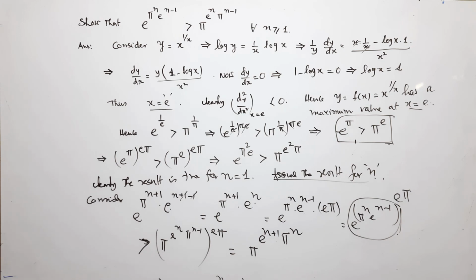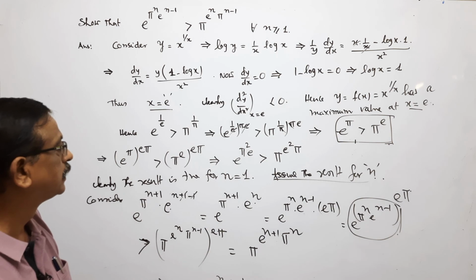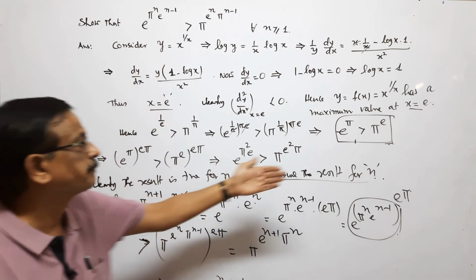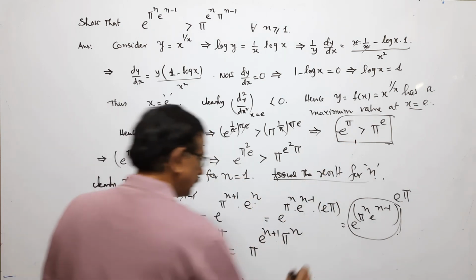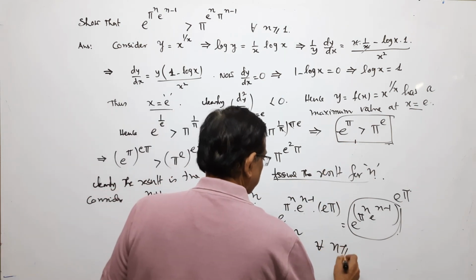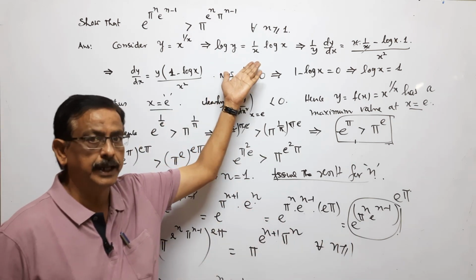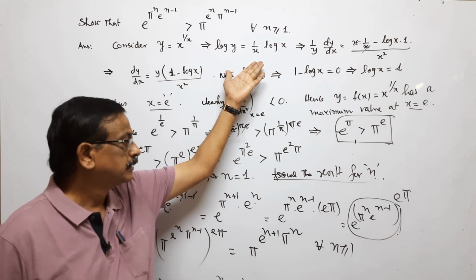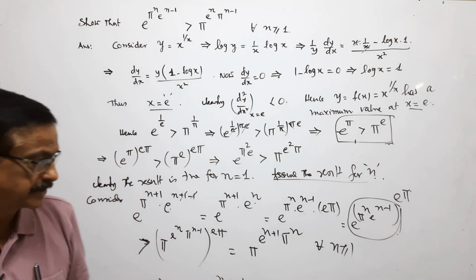So that's what we have proved. A beautiful result extending e power pi greater than pi power e. Now this is true for all n greater than or equal to 1. So basically, using calculus, finding e power pi is bigger than pi power e, the rest is clear.